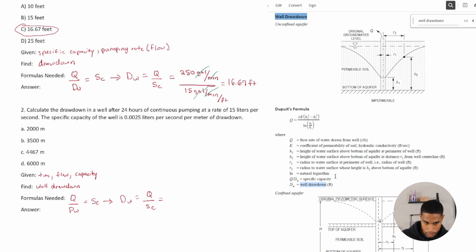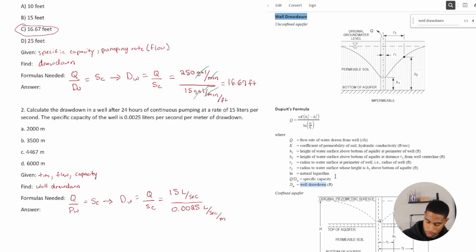So what is our Q? Q is 15 liters per second, just different units, but same process. Specific capacity of the well is 0.0025 liters per second per meter of drawdown.